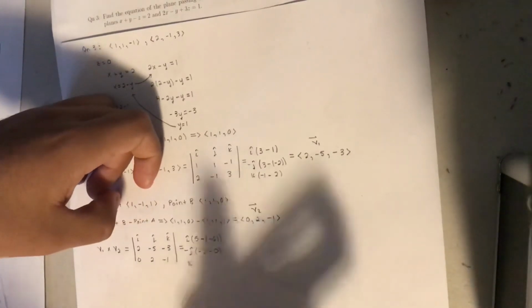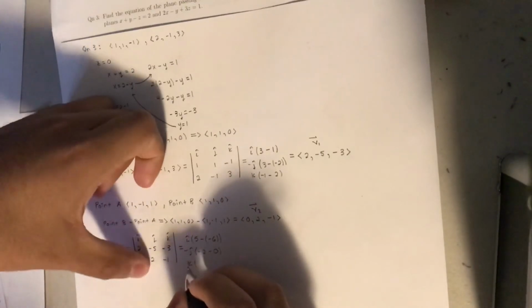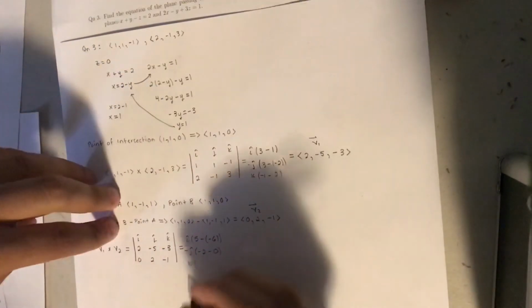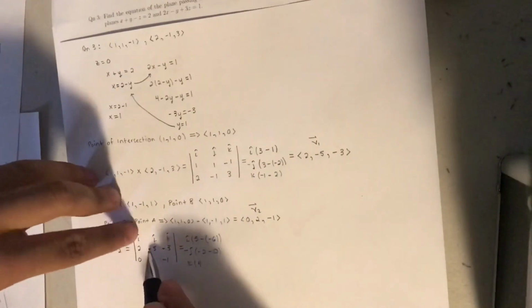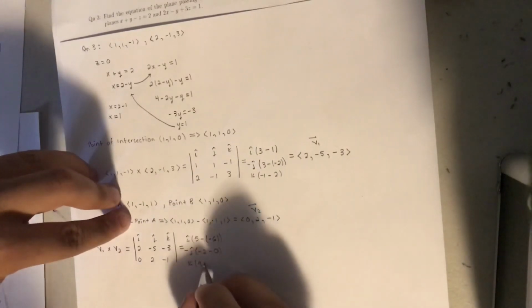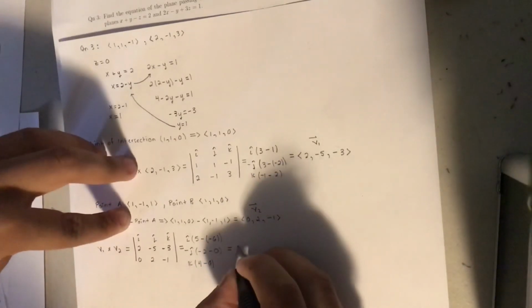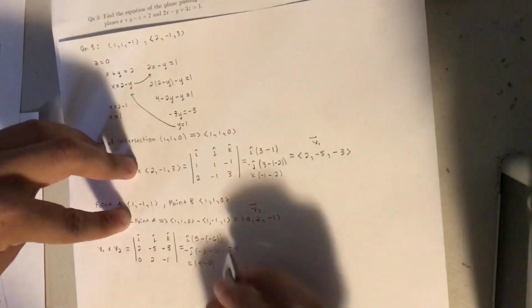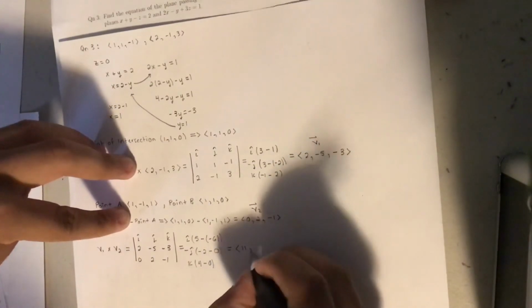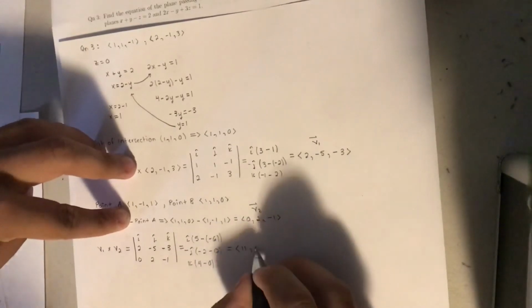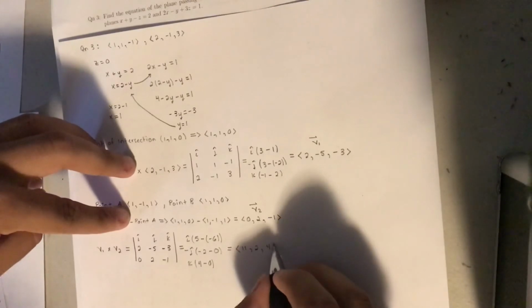And then k: 2 times 2 is 4, minus -5 times 0, which is 0. So we get the vector (11, 2, 4).